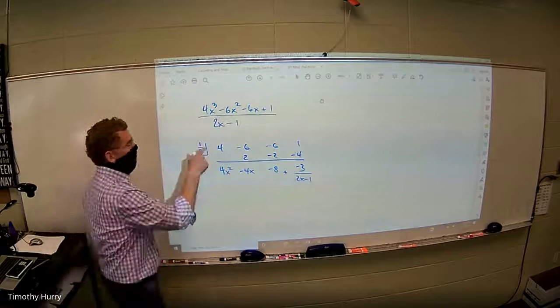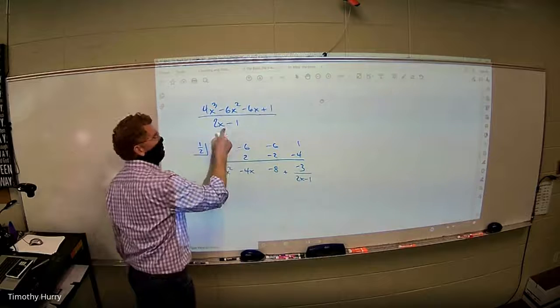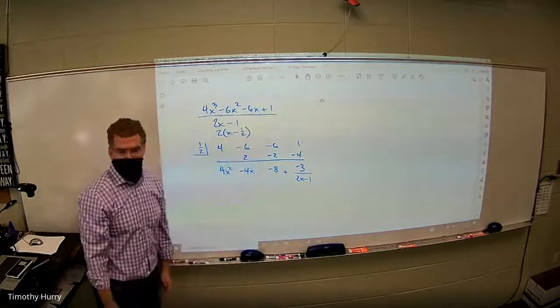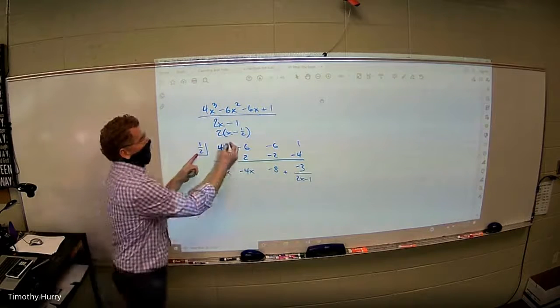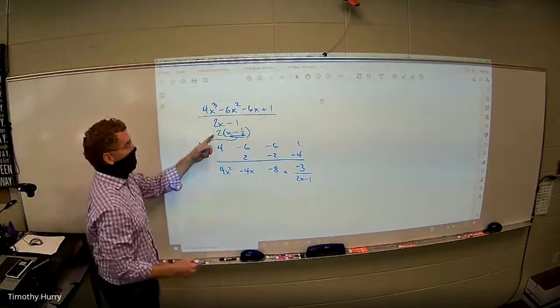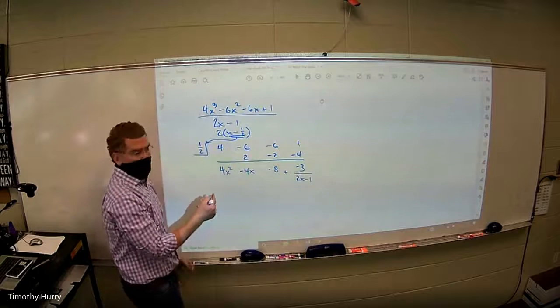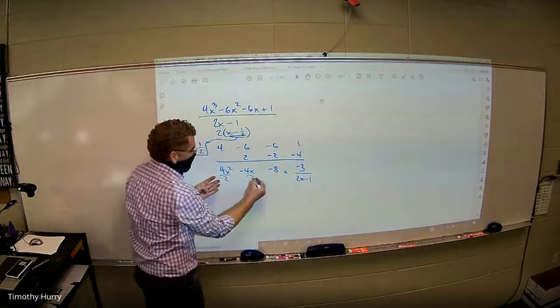Now, why do you go and divide by 2? Well, the reason why is this is really this. When I divide by that 1/2 synthetically, all I'm doing is taking care of that factor. Technically this whole fraction is still over a 2. So since it is still over the 2, I got to put it over the 2.